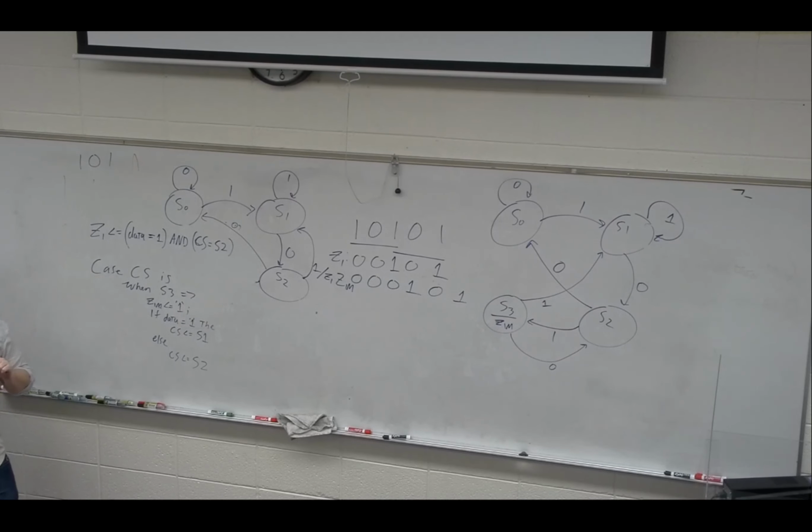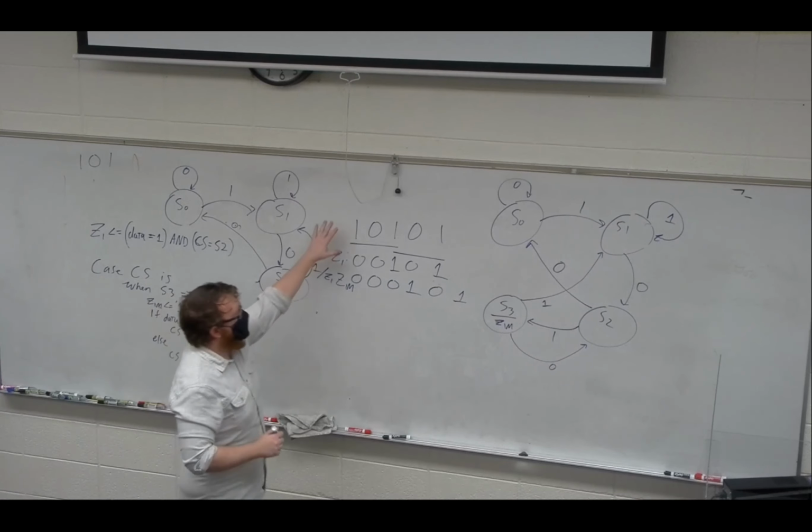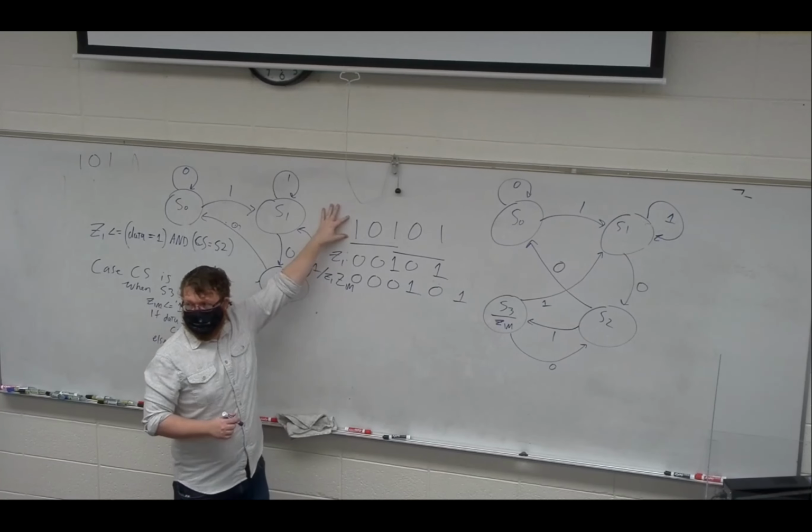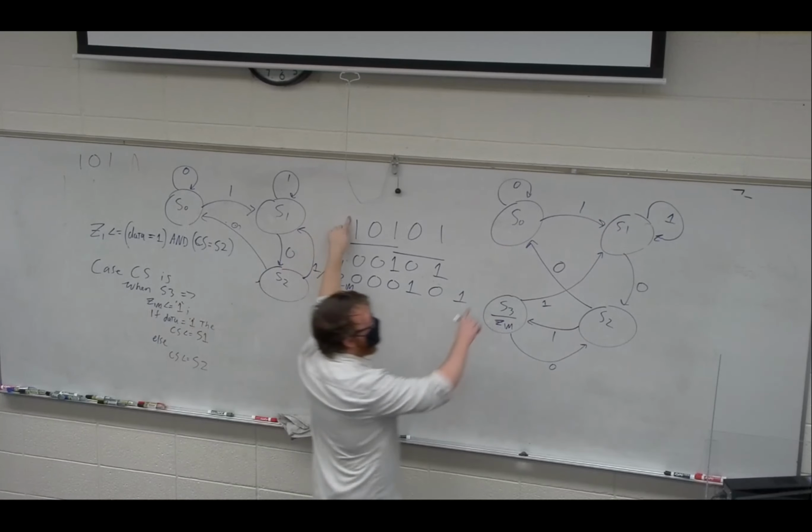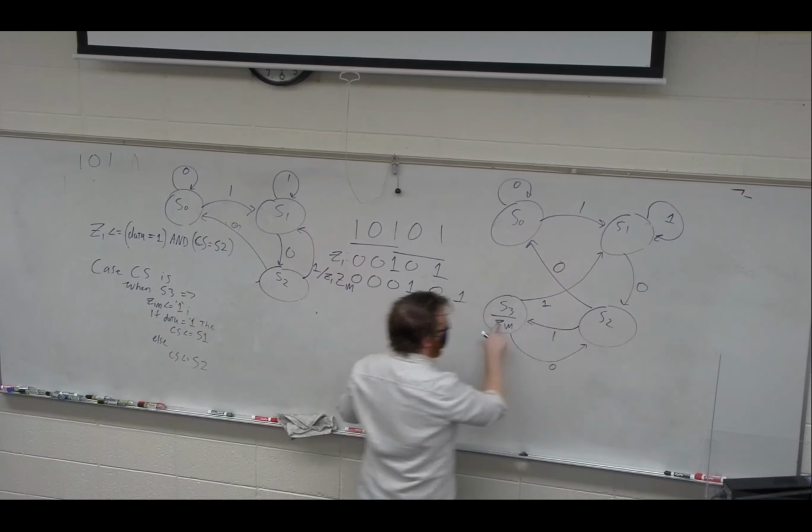Do you have another question over here? Yeah, so back with the Moore statement, I understand when we detect a 101, but can you explain why we go back to S2, like S1? Yes. So let's follow this structure. If I get 1, 0, 1, it's true.